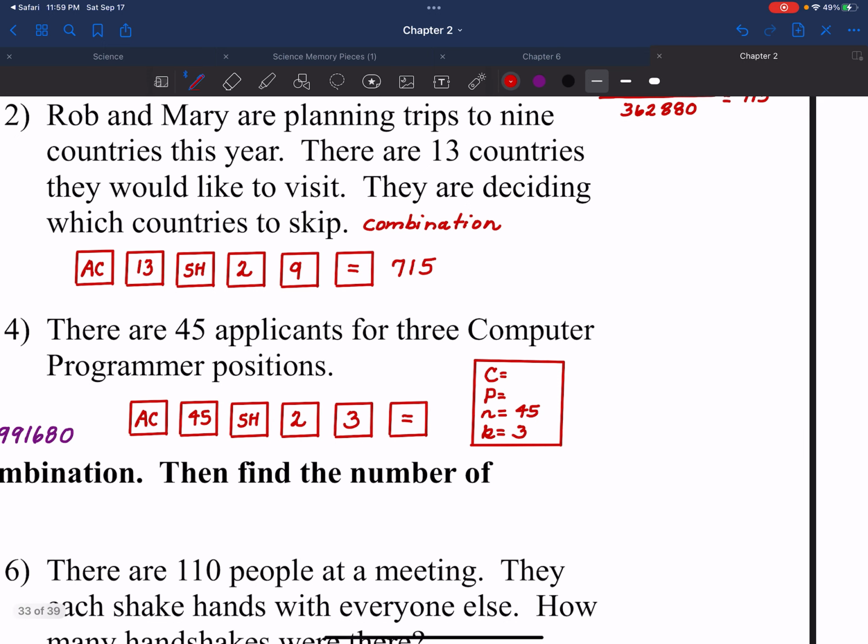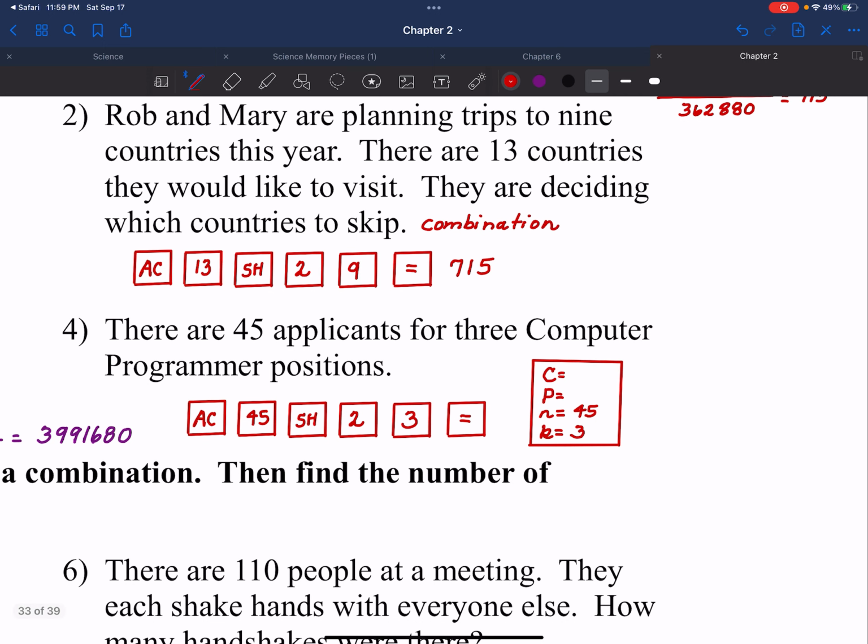14,190. So let's see if we can get the math to work out. So combination of 45 and 3 is going to equal the permutation of 45 and 3. And then when you take out the redundancies, you will have 3 factorial. So on your calculator, do the permutation.